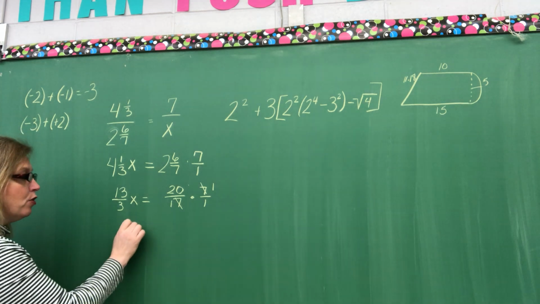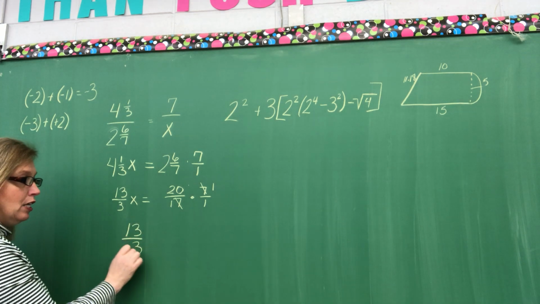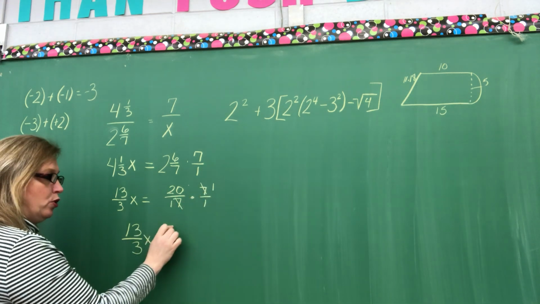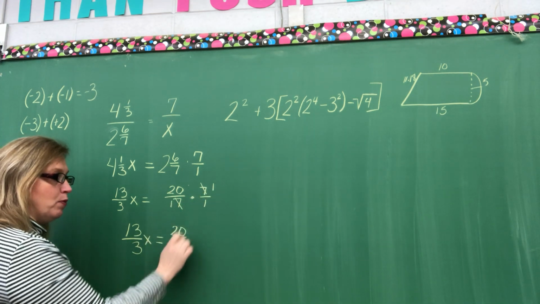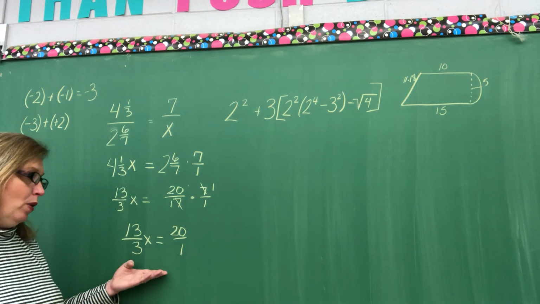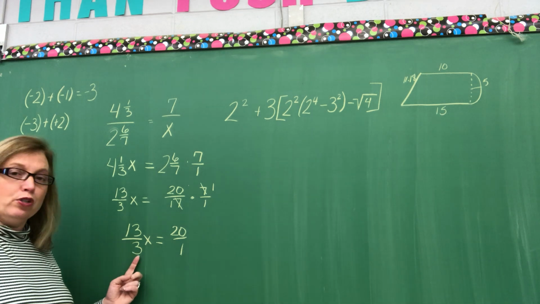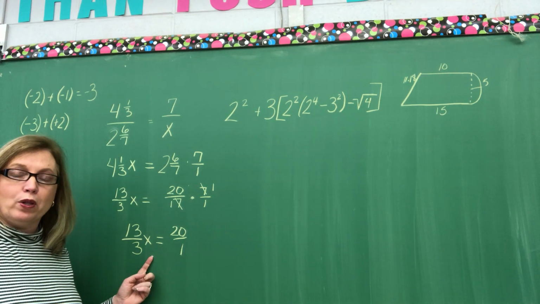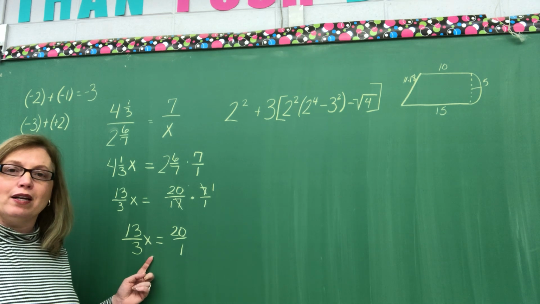Now I have 13/3 x equals 20 times 1 is 20. 1 times 1 is 1. Now I'm simply going to solve my equation. This 13/3 x tells me to multiply, and I know my first rule is do the opposite of what it says.